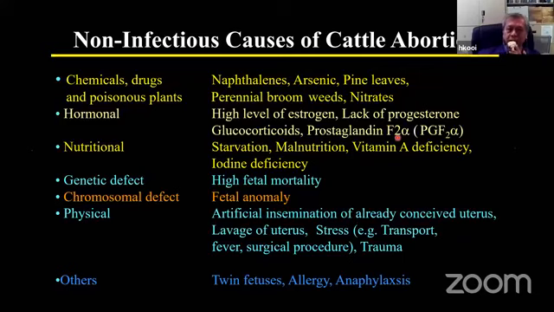For example, when your gestation has come to term and you want to get the baby out, you just inject prostaglandin F2 alpha. They do this in human medicine too. Then starvation, vitamin A. I'm not going to go through all this; you just take a look at this, and artificial insemination. So we move on.